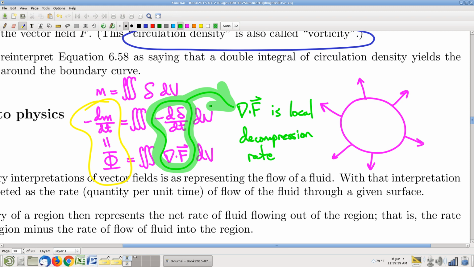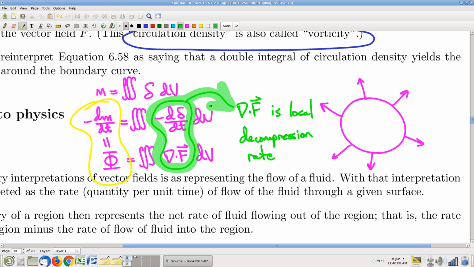In this context where we've decided we've got a certain amount of mass in this region, I want the vector field to be thought of as how that mass is flowing around. Maybe the mass isn't a solid. Let's think of it as a liquid or a gas or something like that. Gas is kind of convenient. We've got this mass flowing around and flowing outward. So there's a certain amount of mass leaving our region. The flux tells you that.